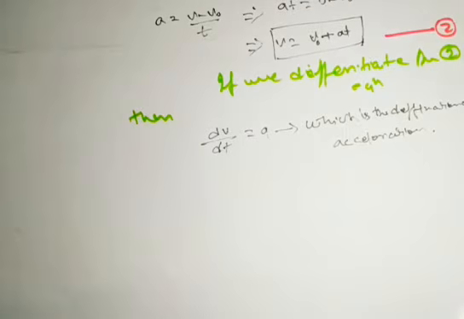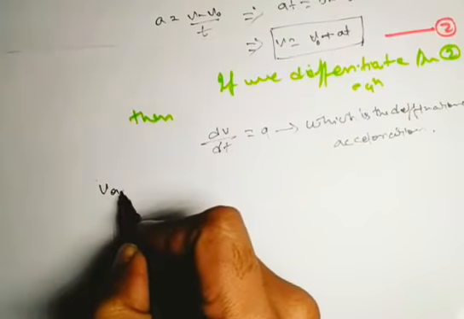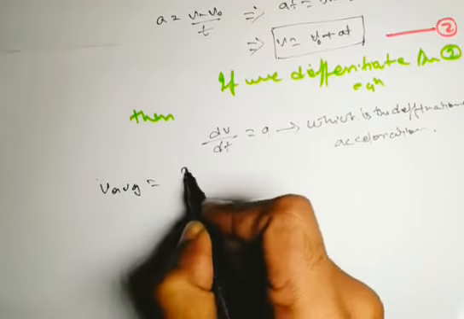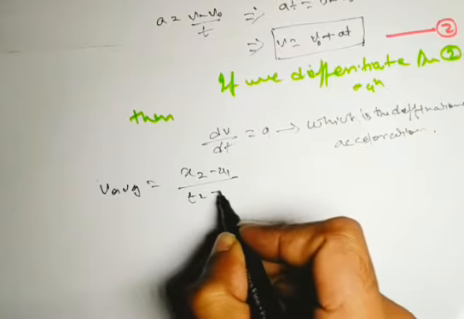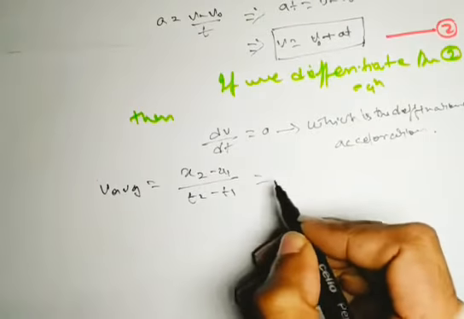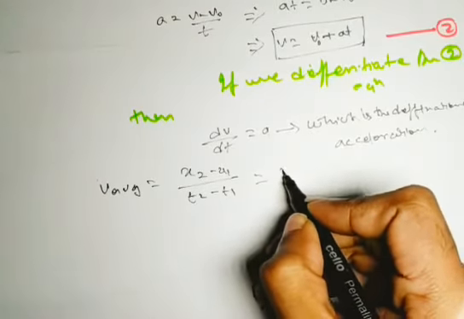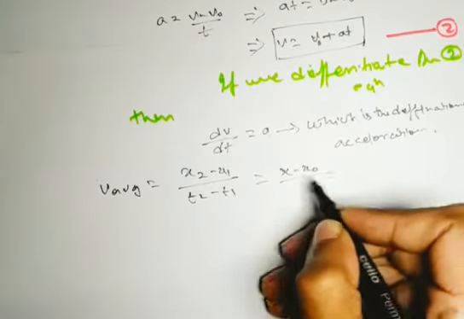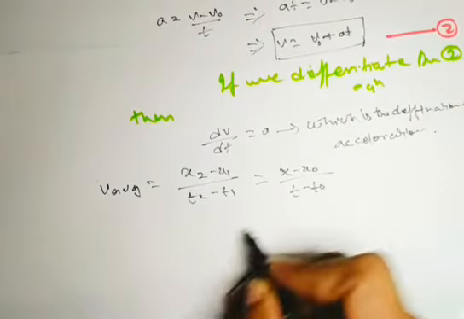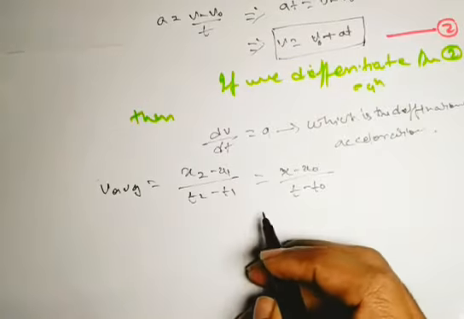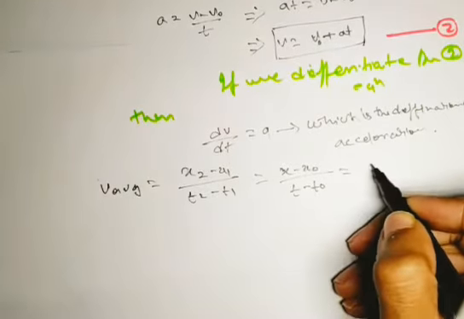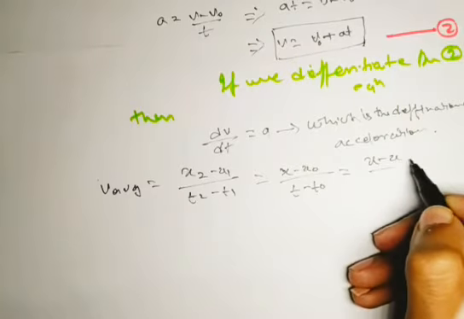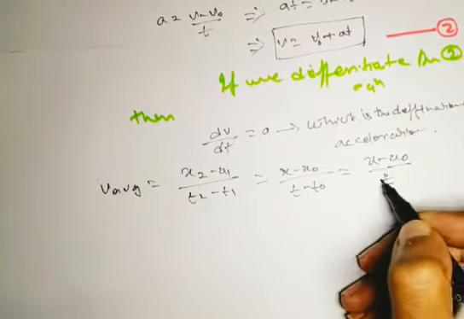Last time we talked about the average velocity formula: x2 minus x1 upon t2 minus t1, or we can say it as x minus x naught upon t minus t naught, where t naught is equal to 0, and it becomes x minus x naught upon t.